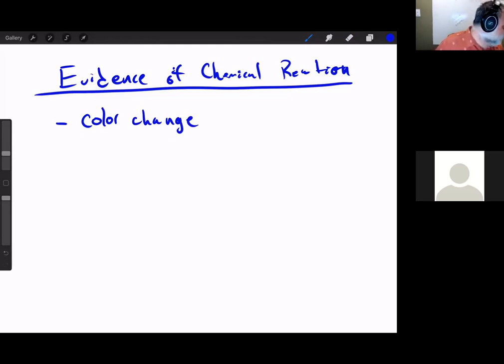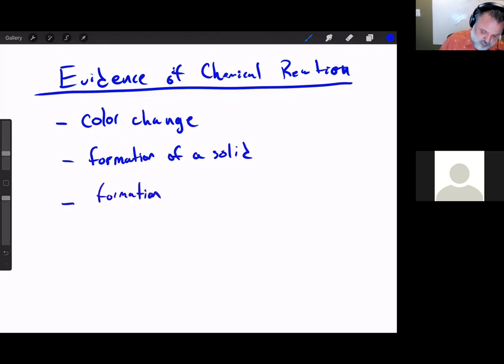All right, so a color change. Formation of a solid. Formation of a gas.